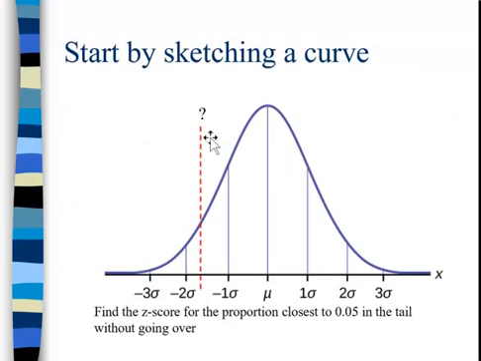So again, we'll start by sketching a curve and putting a line through where we think 5% of the distribution falls to the left and 95% of the distribution falls to the right. And what we're looking for in our unit normal table is the proportion closest to 0.05 in the tail without going over.